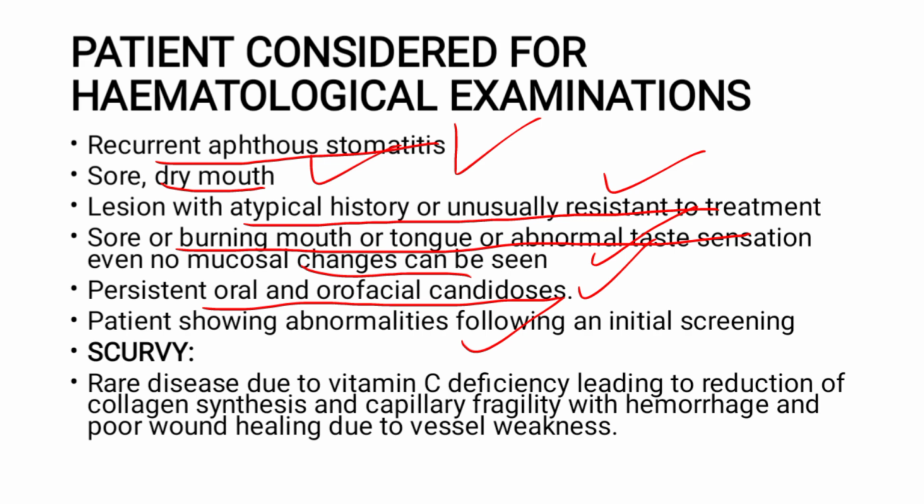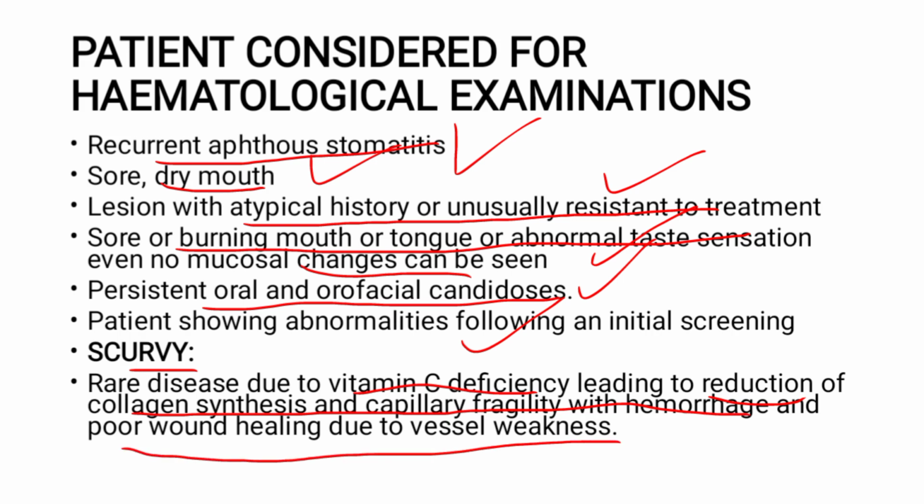Now number one, a very important disease is scurvy. It is due to a deficiency of vitamin C. When there is a decrease in vitamin C, there is a reduction in collagen synthesis and capillary fragility with hemorrhage and poor wound healing.